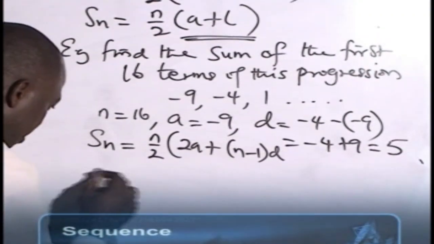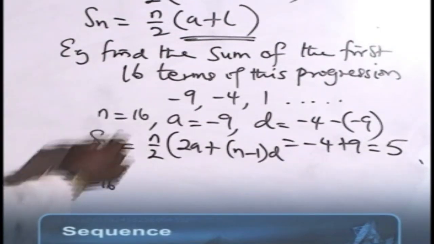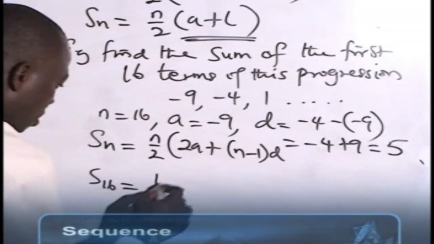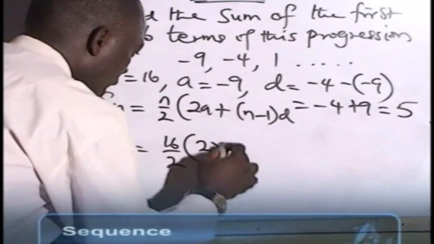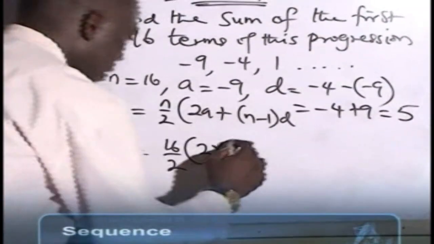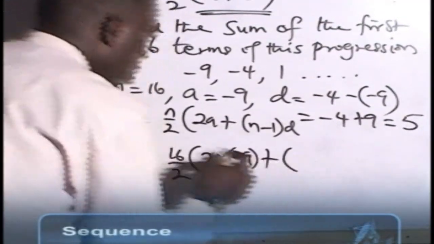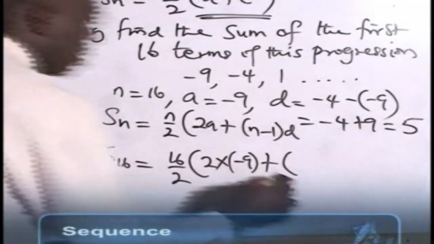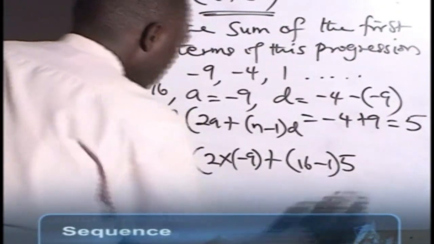So we say S16, substitute 16 for N, equals 16 over 2 into bracket 2 times -9, plus N again is 16, 16 minus 1 into bracket 5.